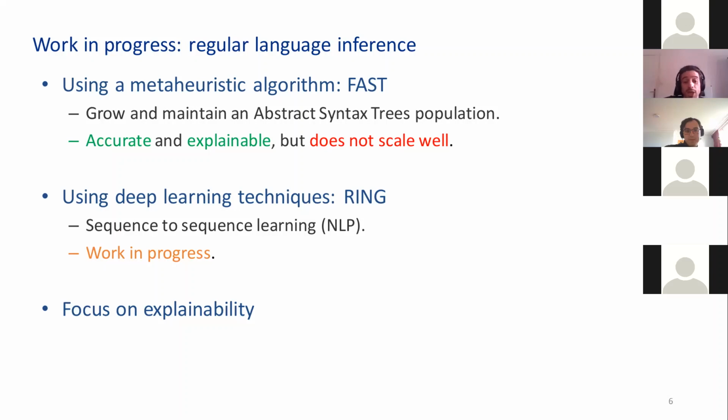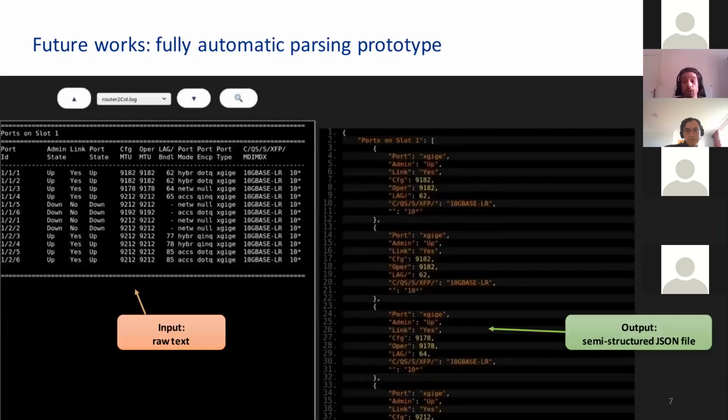Both of these are work in progress, and I hope that solving the same problem in two different ways can help us focus on explainability of deep learning results. Also, as future work, which has started already, we have a prototype, internal to Nokia, which can parse automatically.